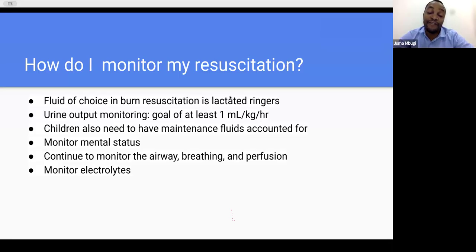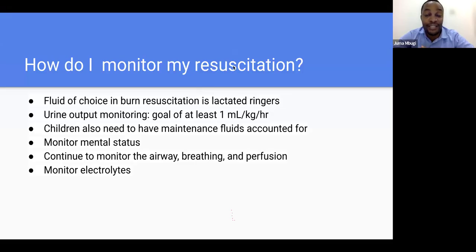If you're giving fluids by using calculations, usually you cannot have the exact percentage of burn. That's not possible. So it's just an estimation. You can either underestimate or overestimate, meaning what? You can over-resuscitate or under-resuscitate. So always monitoring or reassessment of your patient is quite necessary, not to over-resuscitate or under-resuscitate, because you can cause harm.